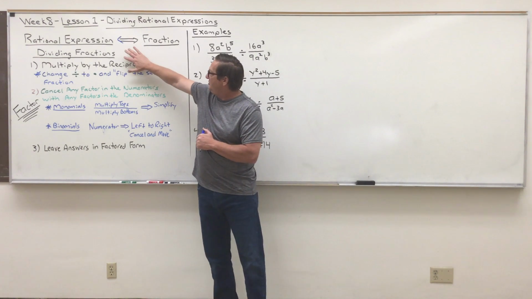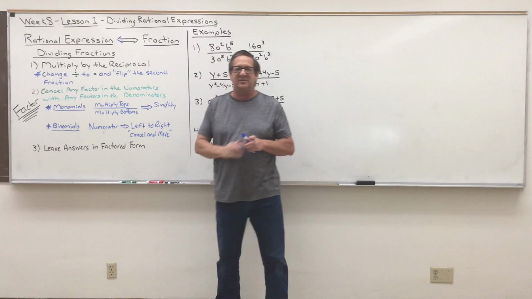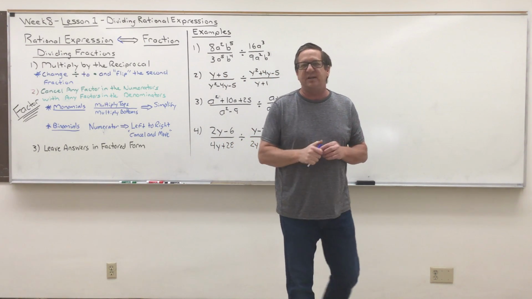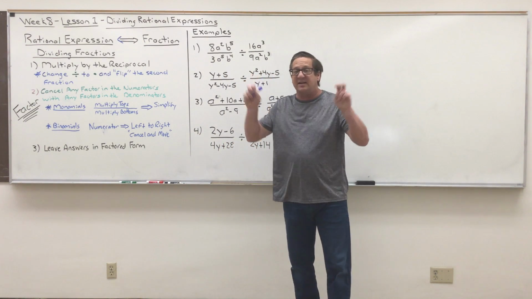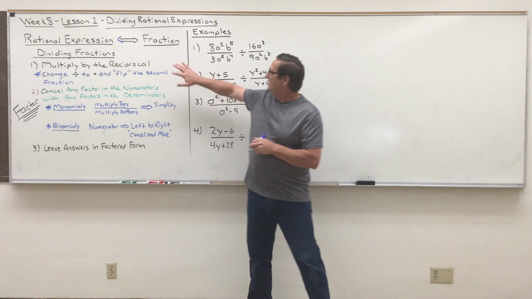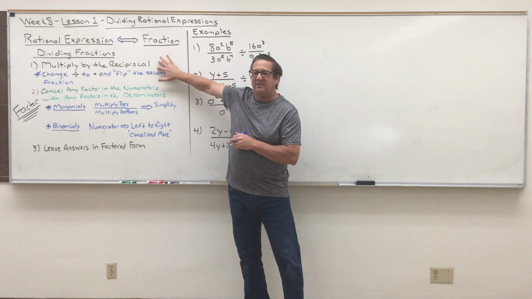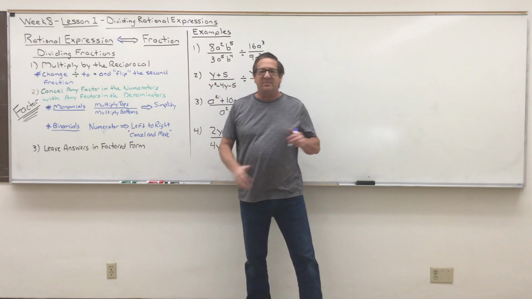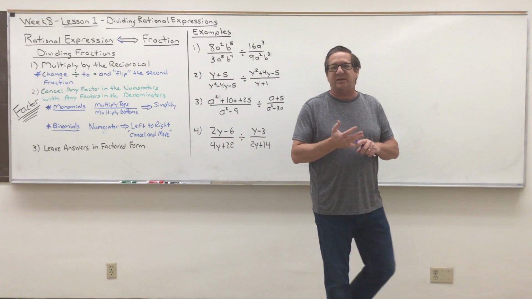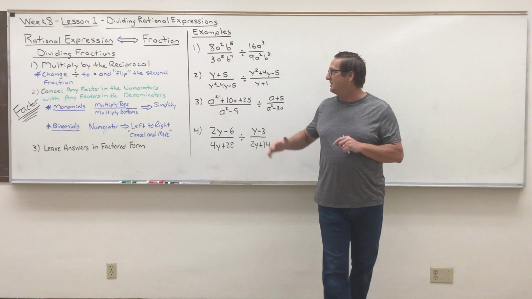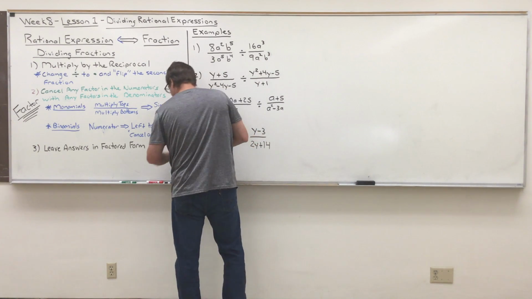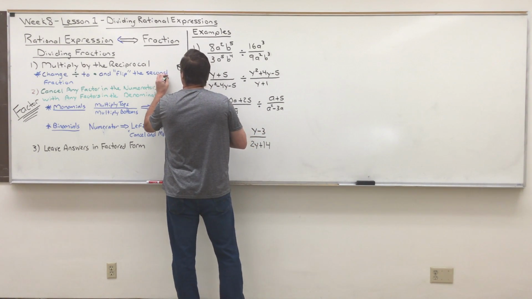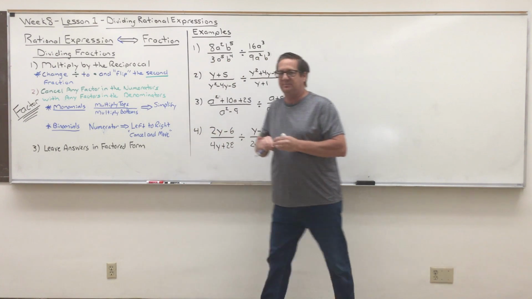If we go back to junior high, the way we divided fractions, we said there's no such thing as dividing fractions. You simply multiply by the reciprocal. Most of us said change division to multiplication and flip the second fraction. Emphasis on the second fraction.